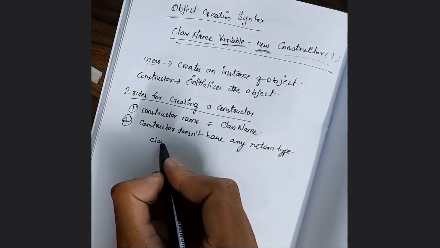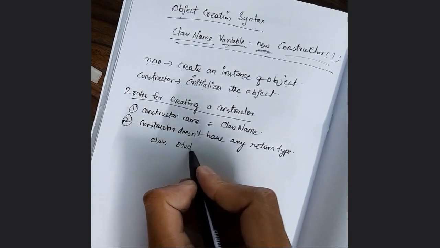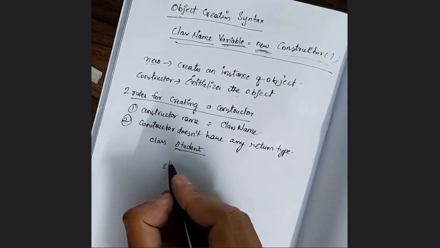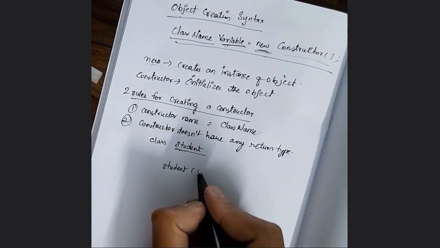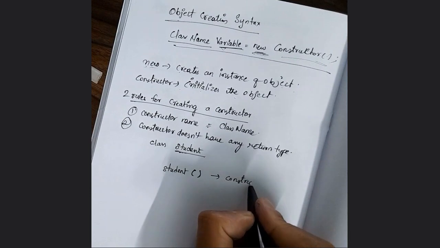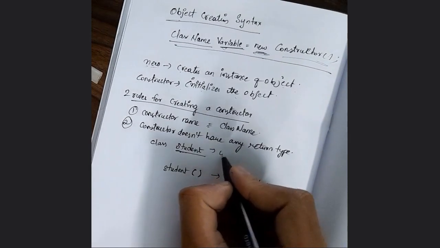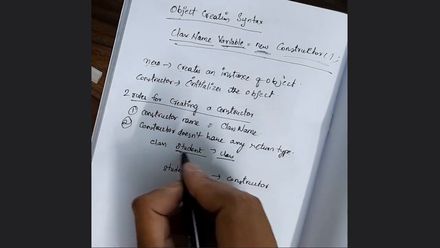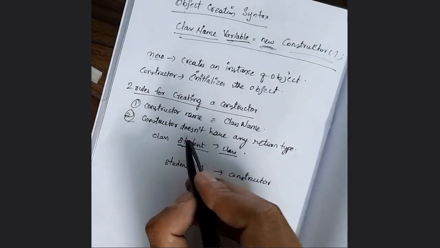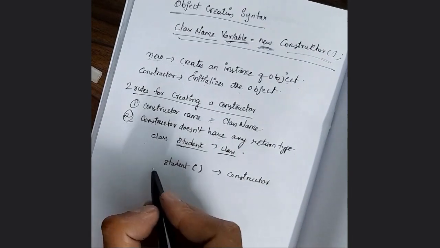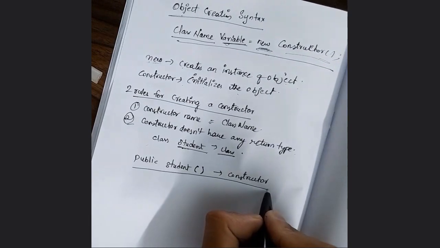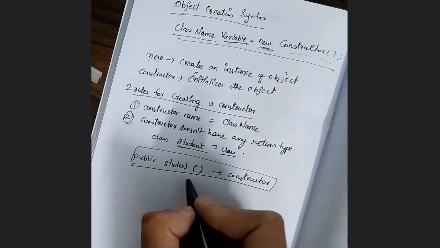Suppose the class name is student, so the constructor name should start with student, brackets. So this is a constructor and this is a class name. Okay, it is a normal class. So what is the second rule? Constructor doesn't have any return type. Suppose if I give public here, this is no longer a constructor, this is a method.